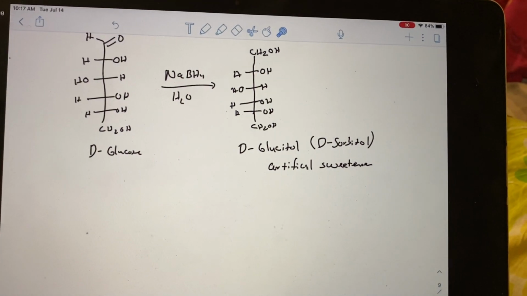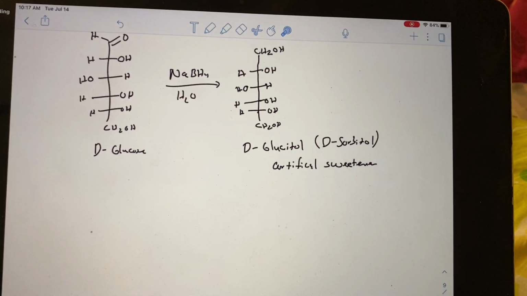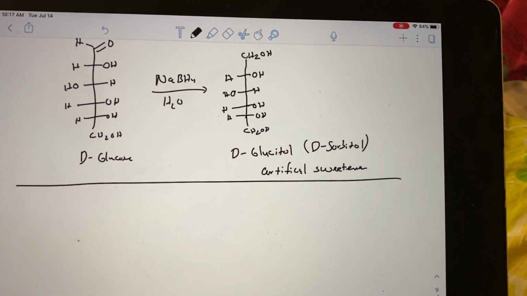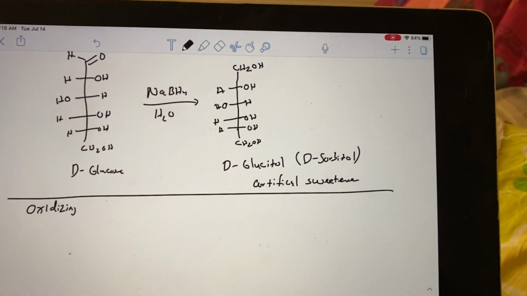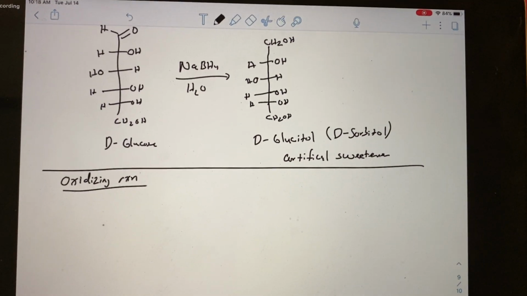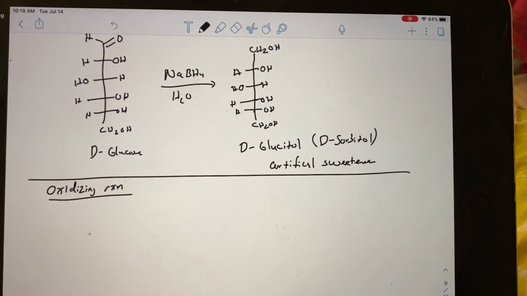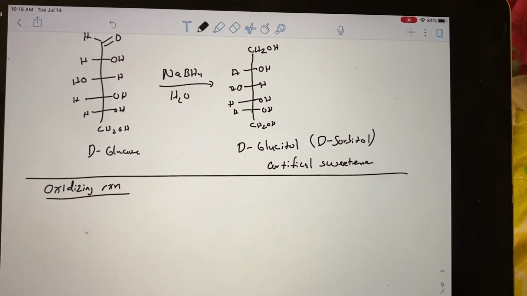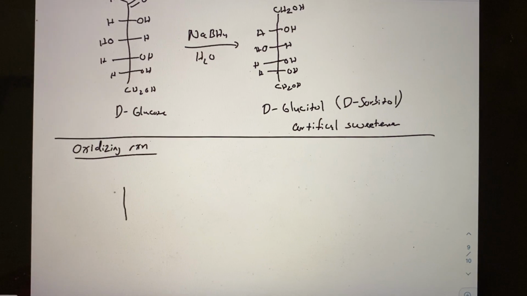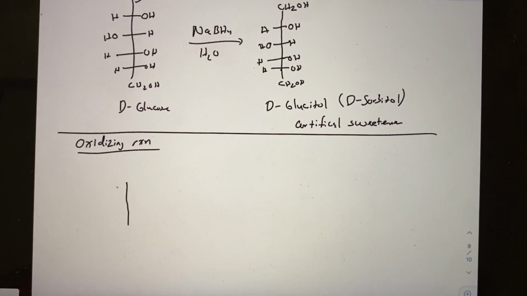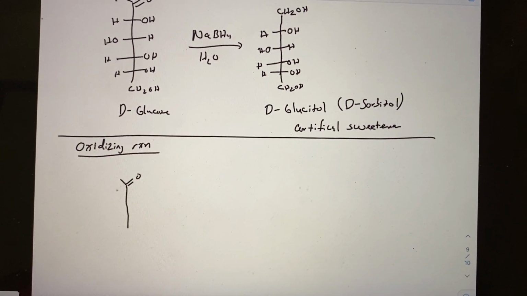In addition to reduction, we can have oxidizing reactions. So we're not really talking about mechanisms at all. And something like this is, I guess we have to use glucose again. Probably should have used a shorter sugar.